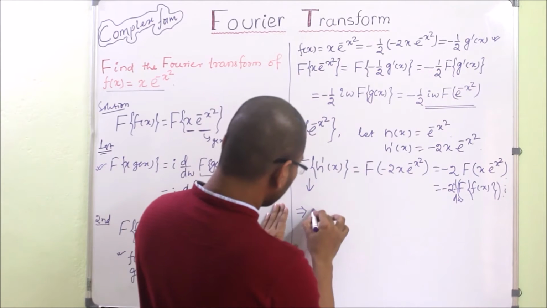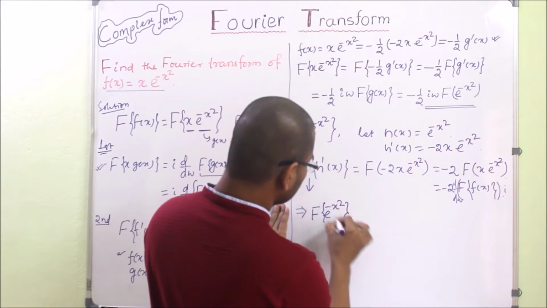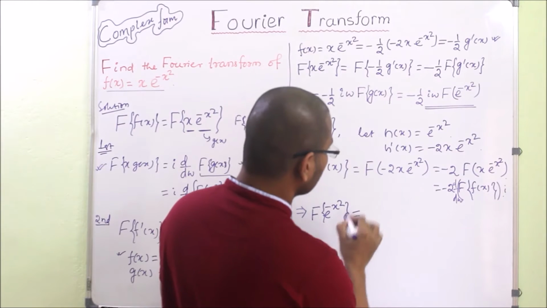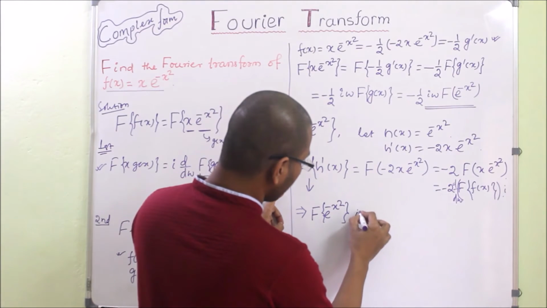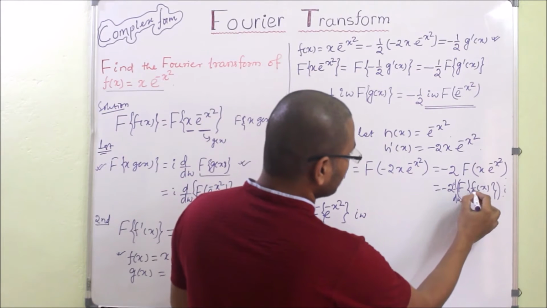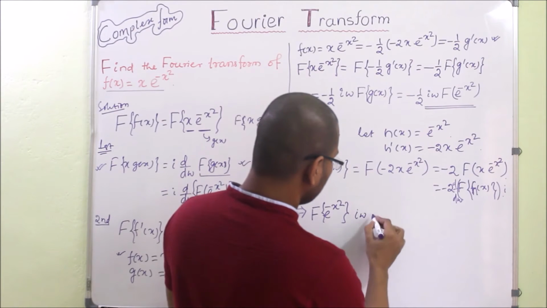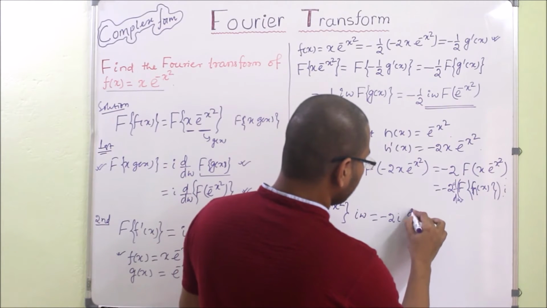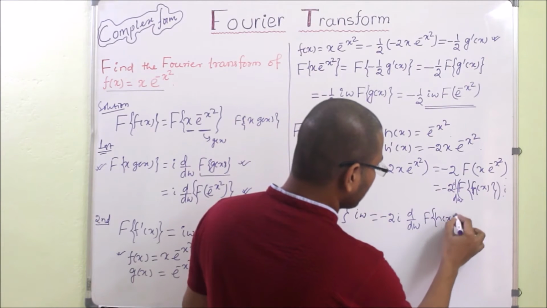Now that means f of e to the power minus x square equals, so we will get from here this into IW, and this is h, because we have taken h. So this equals minus 2 into I, d by dw of f of h of x. Clear?